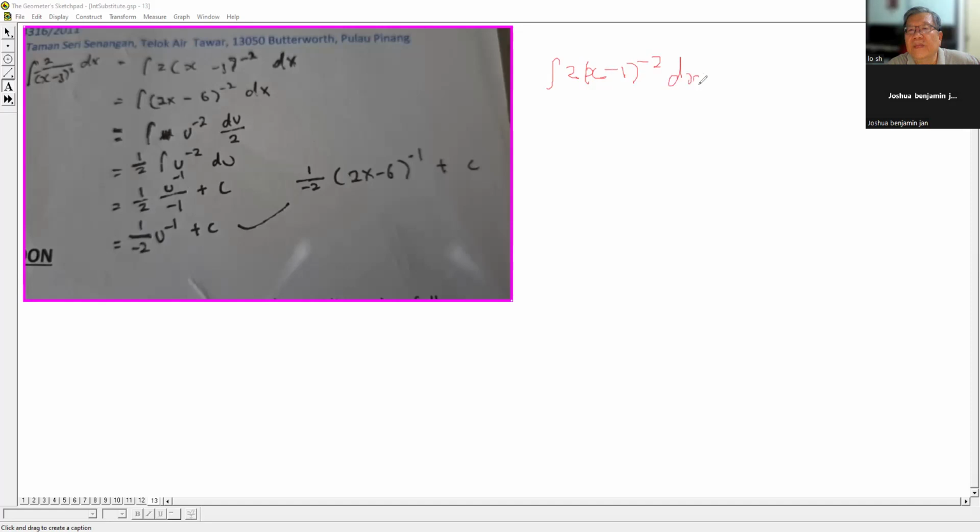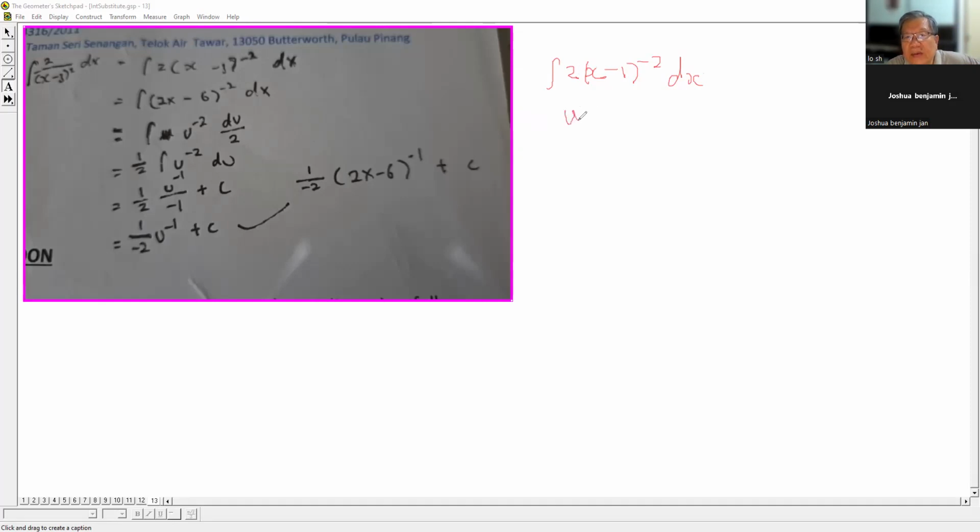Now I told you this one cannot multiply in. The 2 cannot multiply in. Why? Because the bracket is raised to the power of -2, and your 2 here is not raised to the power of -2.